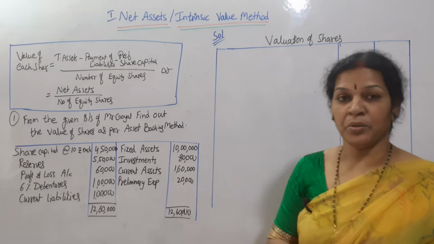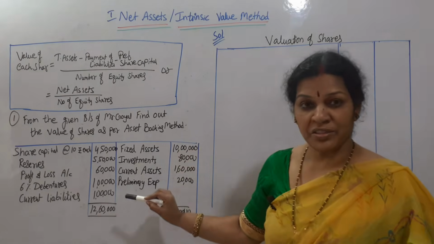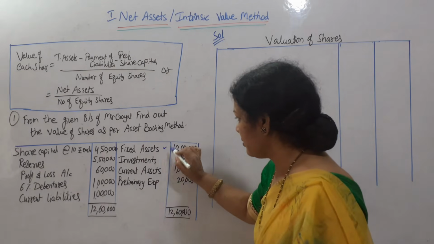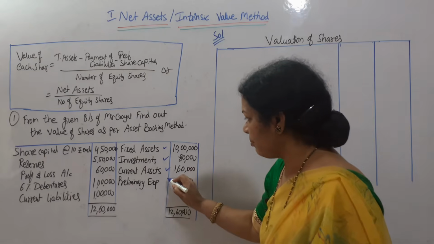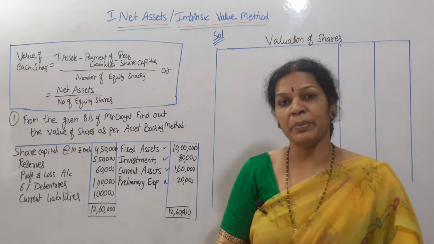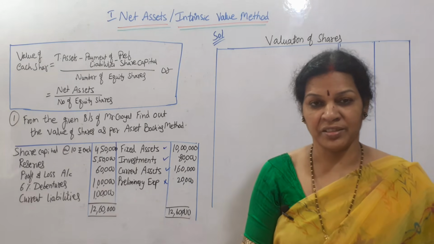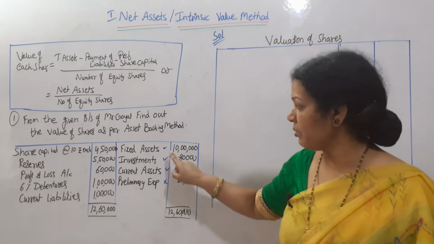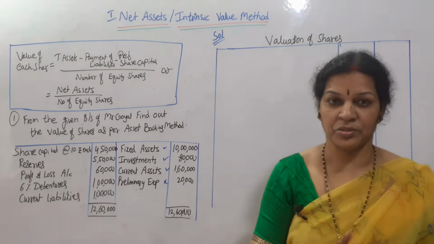Same formula, total assets. Total assets means here we have to take fixed assets, investments, current assets, but not preliminary expenses. Though we consider preliminary expenses as assets, when it comes to the valuation of shares, we don't consider it. That is why we are going to take only these 3 assets.